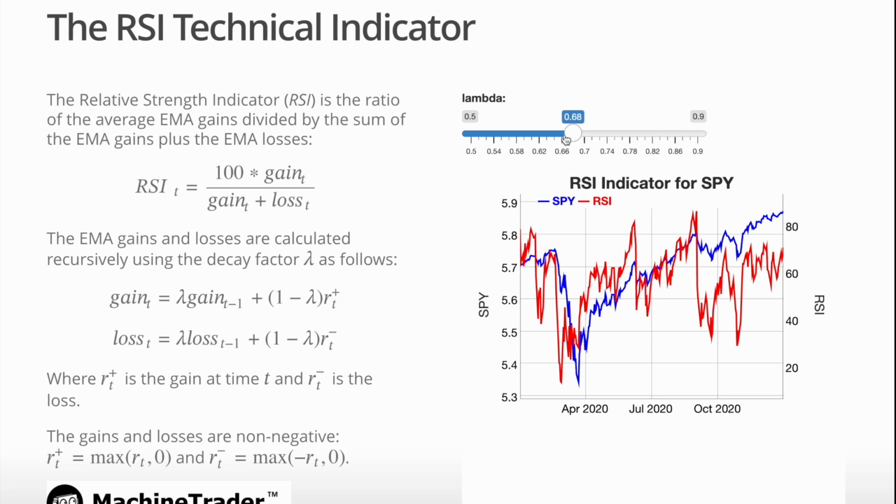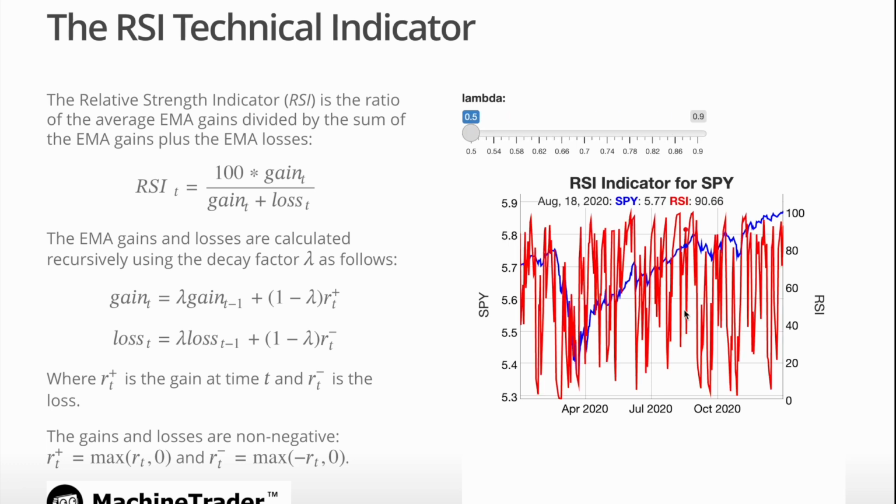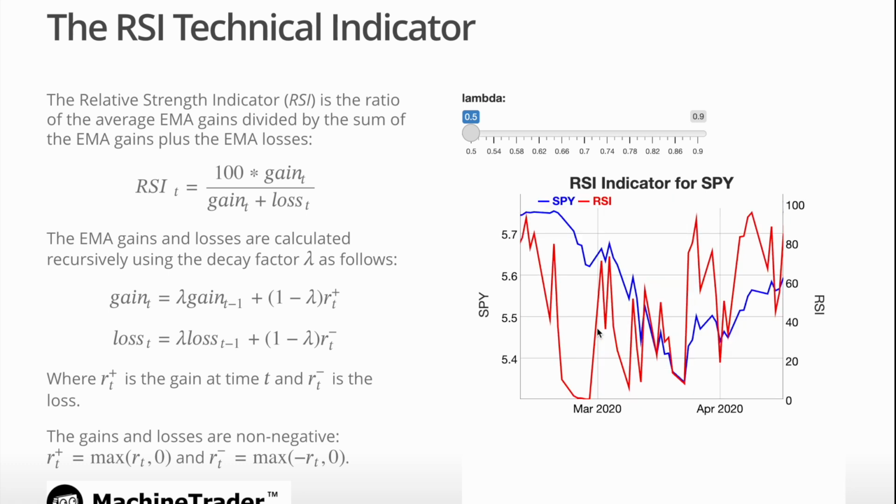On the other hand, if we decrease the lambda, the RSI becomes very volatile, and it's able to more closely follow the local maximum and local minimum of prices.